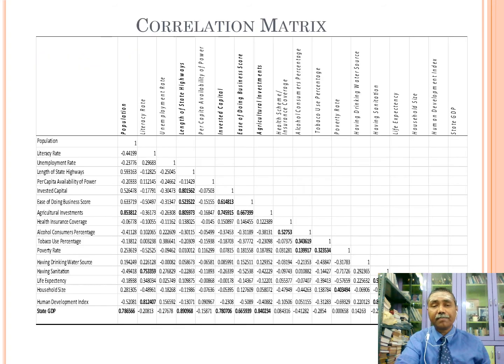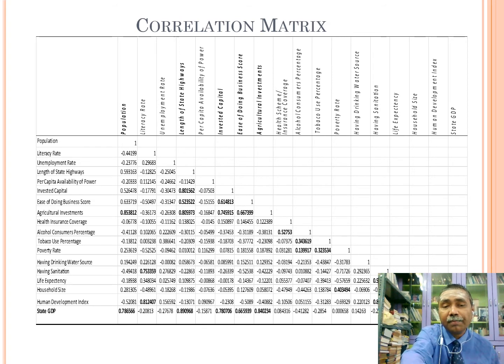So let's see. This is the correlation matrix. The last row is the state GDP, and these are the independent variables. I have made bold the positive correlations, the strong correlations greater than 0.75 correlation coefficient value.